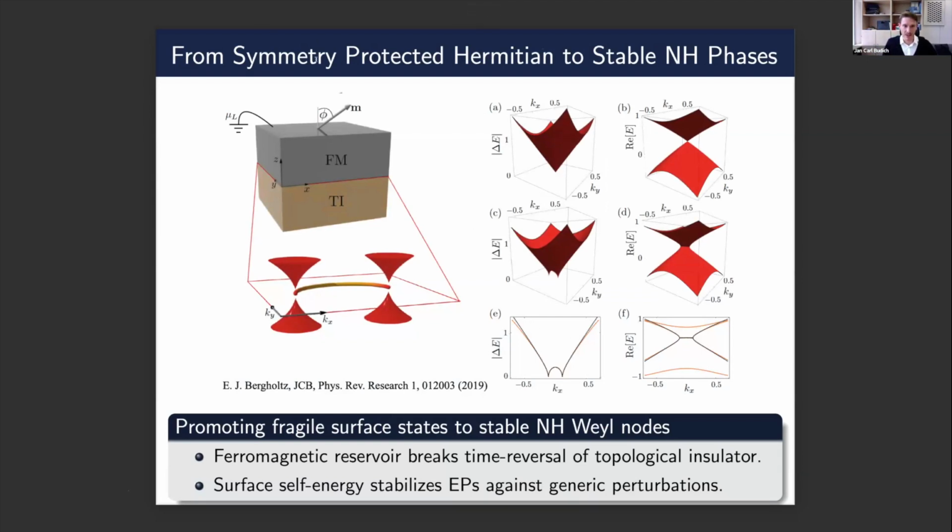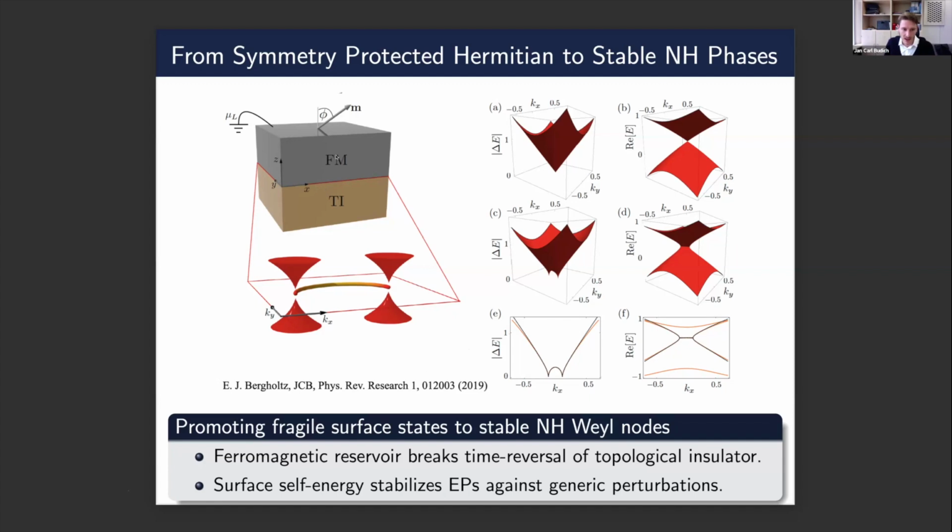So now again, back to this symmetry protected topological insulator surface state that is now promoted to a stable point with a pair of exceptional points. Can now make more sense out of this. So we have our 2 ingredients.